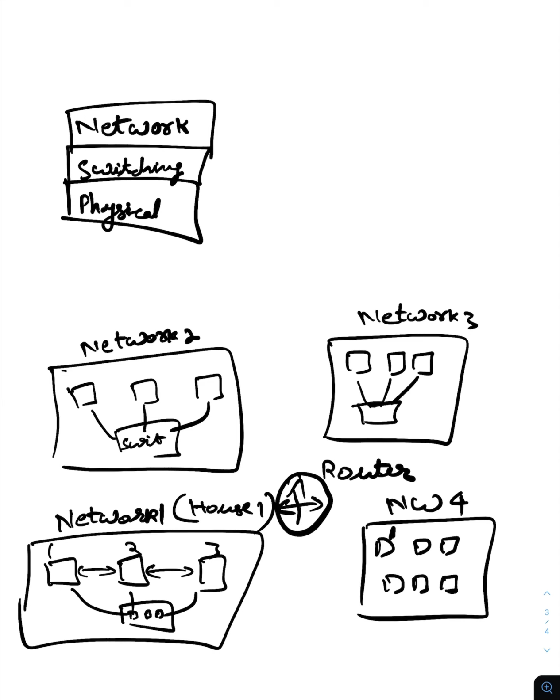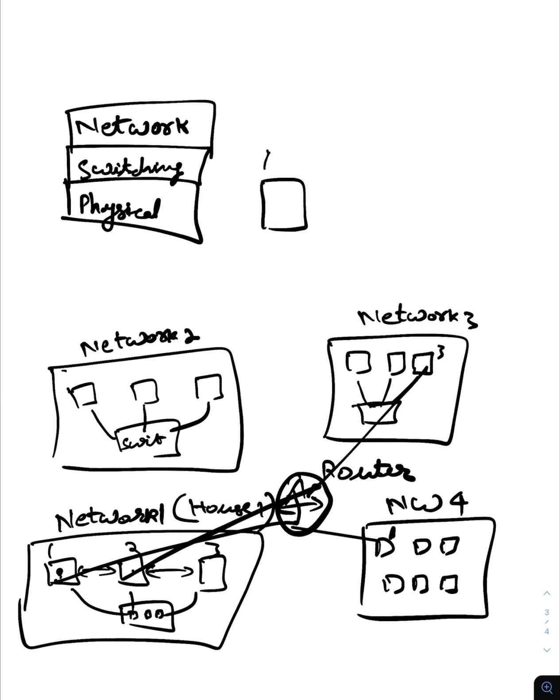So suppose you want to talk from computer 1 in network 1 to computer 1 in network 4. It has to go through this router and then talk to computer 1 in network 4, or computer 2 to computer 3 in network 3. Just go through the router this way.